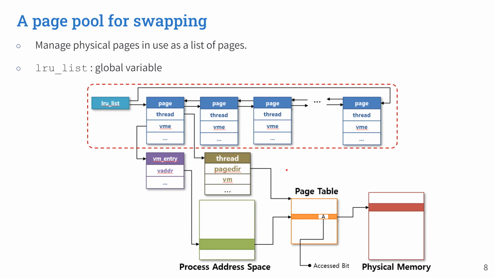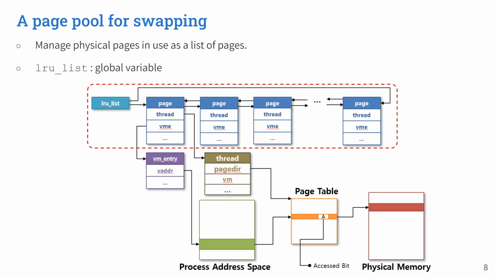This is how this struct page is used in Pintos. You should manage in-use pages as a list of pages. Here you can see the LRU list. This is a global variable, a reference to the list of pages, and each page is linked to each other. In the figure, it looks like the data structure for managing the pages is a linked list, but this is not fixed.